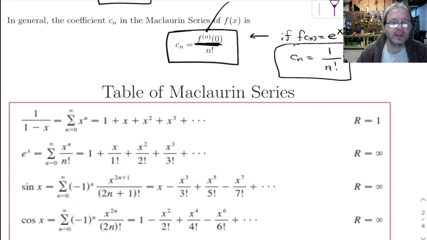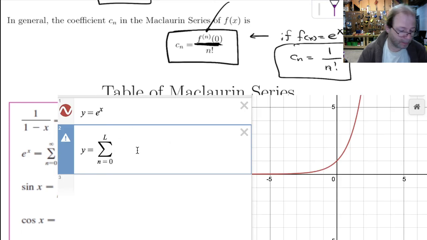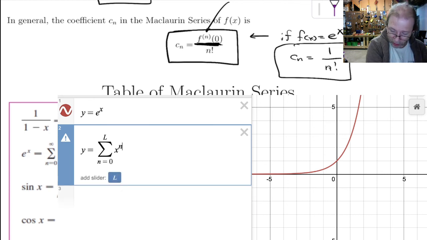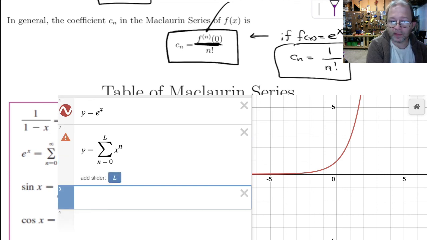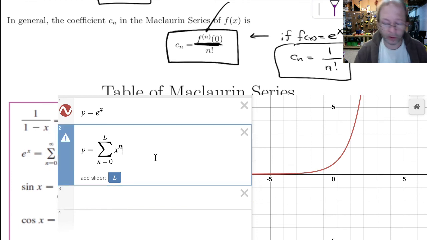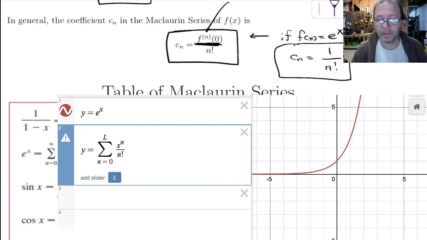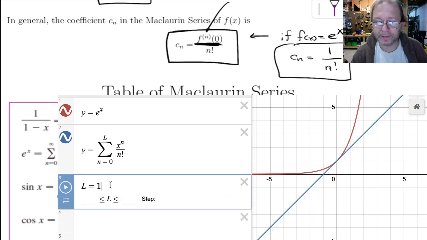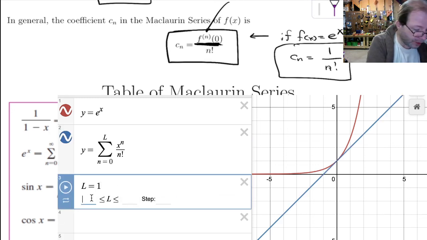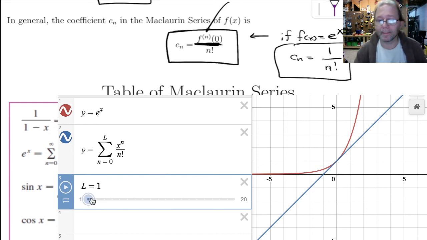So let's put that into Desmos. What I've got here is on top, I've got x to the n. And on bottom, I've got n factorial. And I've got to add a slider for L. Let's let L go from 1 to, say, 20, step 1.